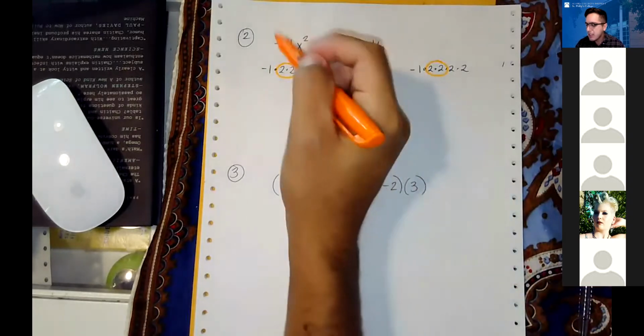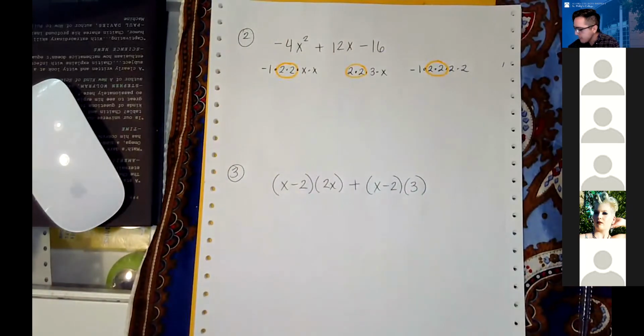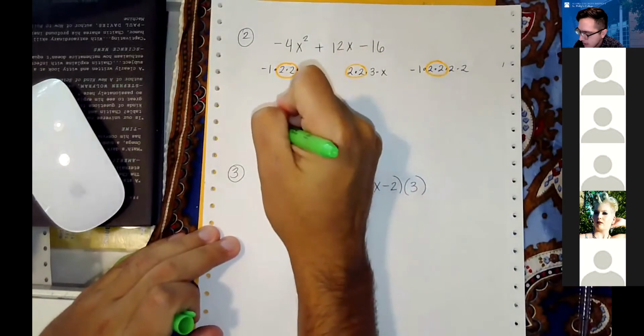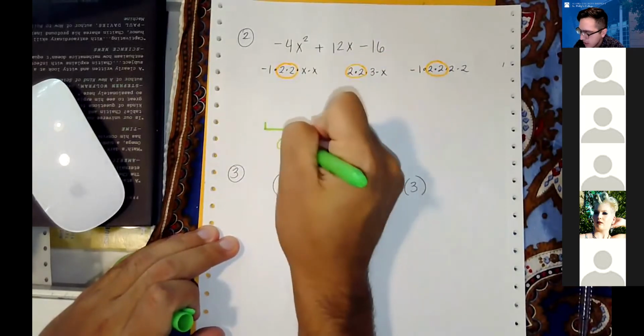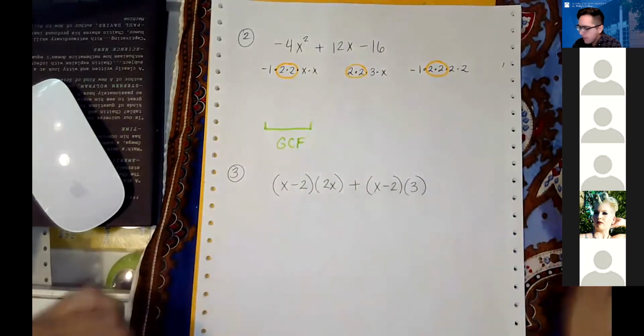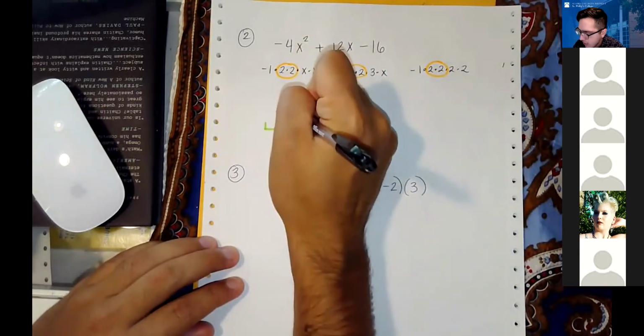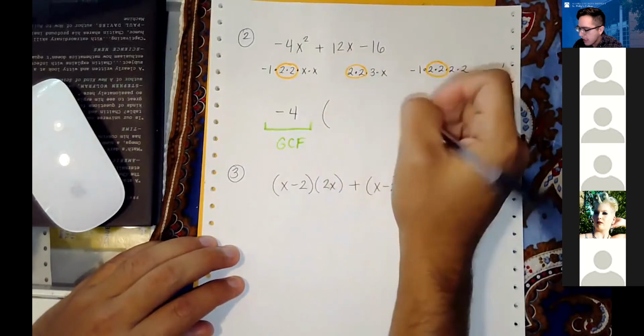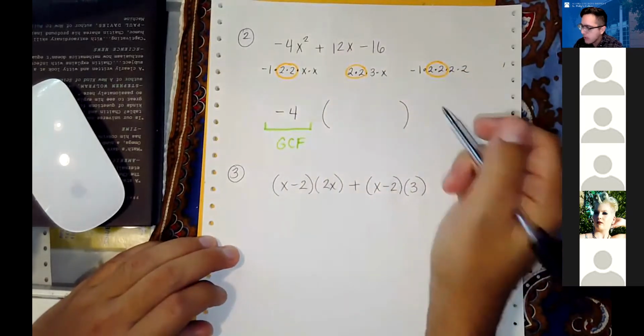But because this first term is negative, we're going to factor out the negative greatest common factor. The GCF is usually written first, so we'll write -4, and we're going to multiply that by whatever's left over.